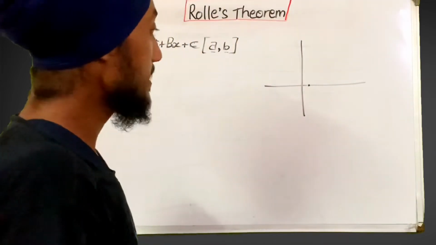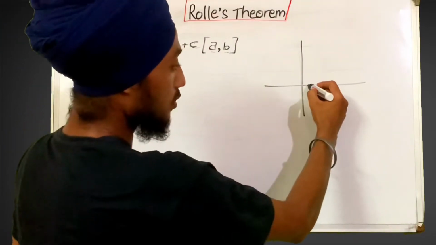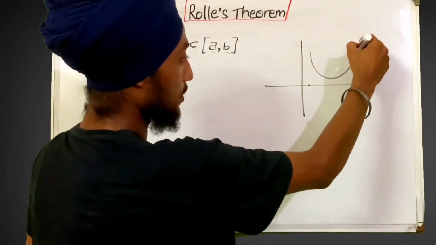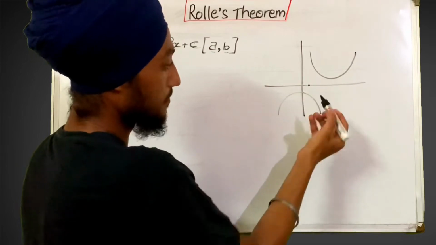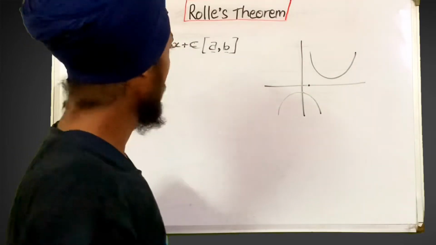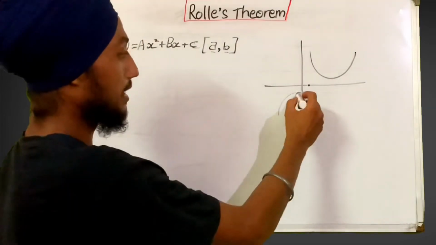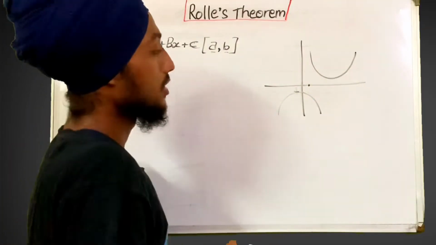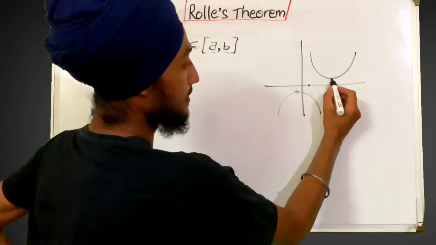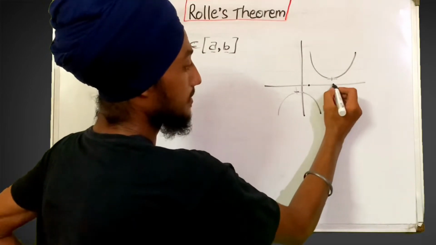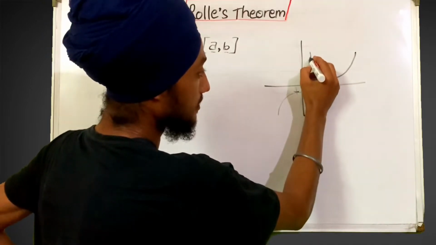Rolle's theorem simply indicates that if we have a quadratic function, it can be upward or downward depending on the sign of the leading coefficient. Let's say this is the point C and it lies between these intervals.